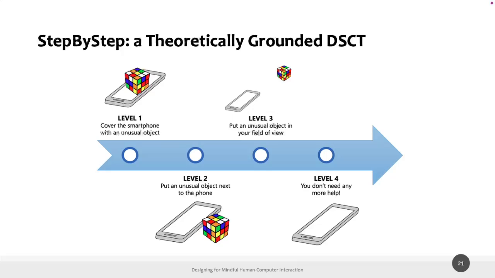Then it asked me to put it in my field of view, and then no need for the object as long as I'm able to respect my intention. And you can clearly go back and forth between levels depending on your behavior on the smartphone. But again, the idea is to promote this long-term behavioral effect.